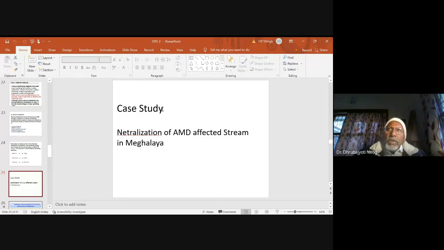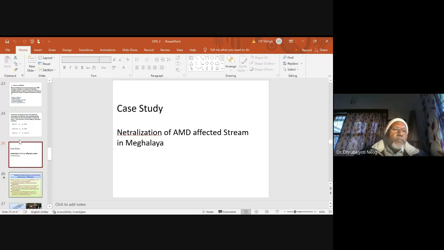So most of the streams have become acidic, and no organisms, particularly living organisms, are present in those. No fish, no frog, no prawn, nothing is available because water has become highly acidic. So we wanted to solve this problem, and then we took a project there. And so I will be discussing this case study.